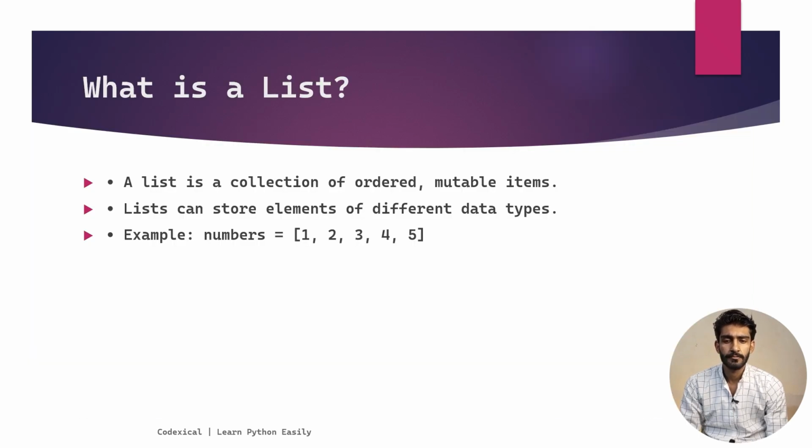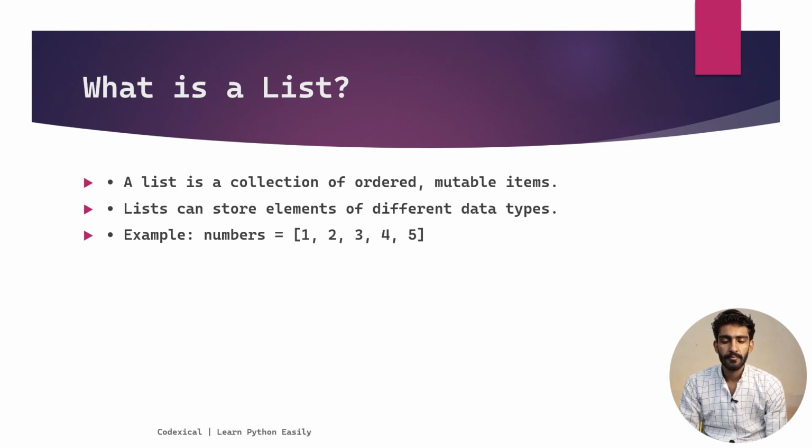What is a list? A list is an ordered collection, meaning the position of each element is maintained. Lists are mutable, which means you can modify them after creation. Lists are used widely for storing groups of related data.